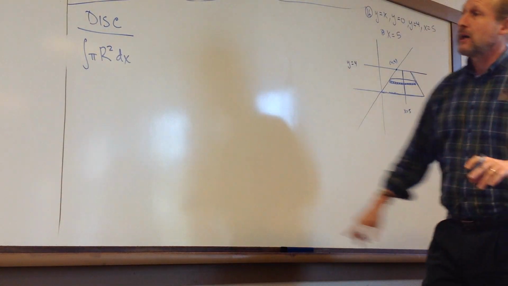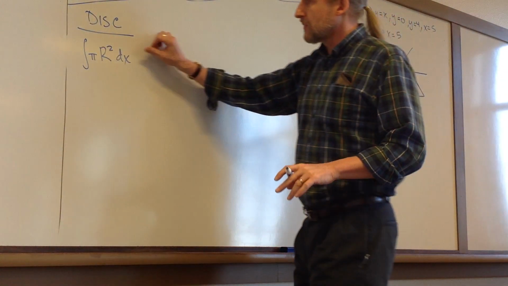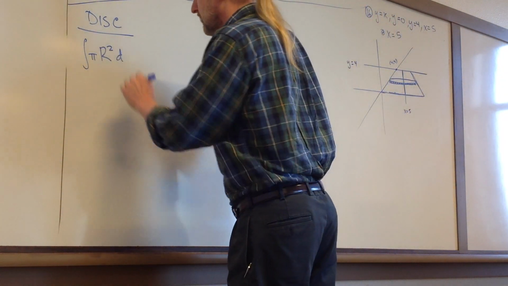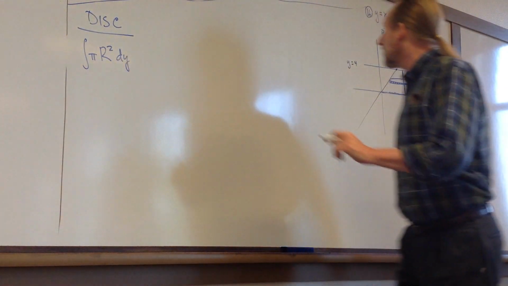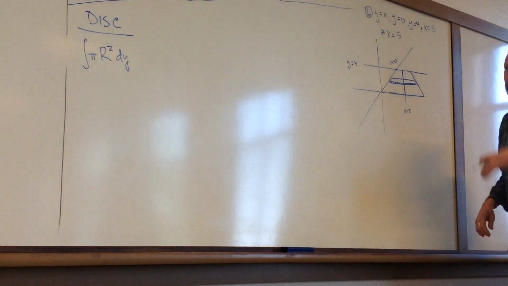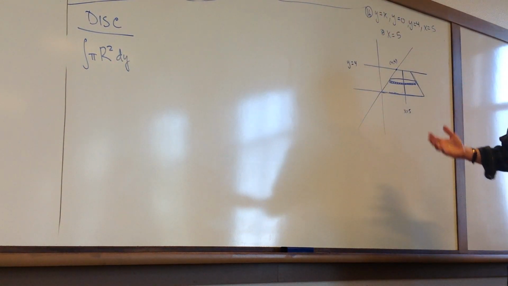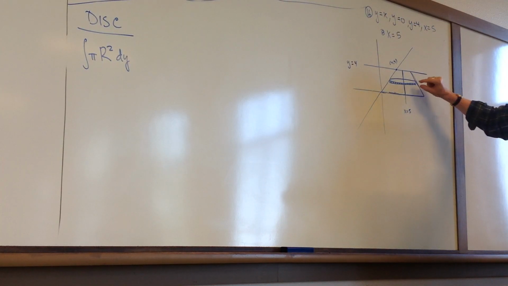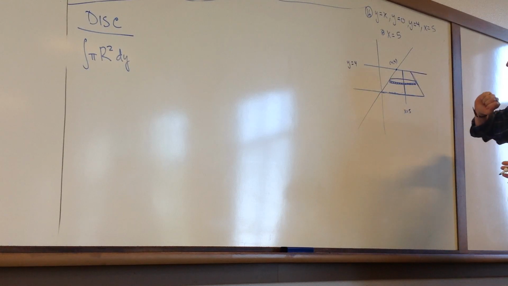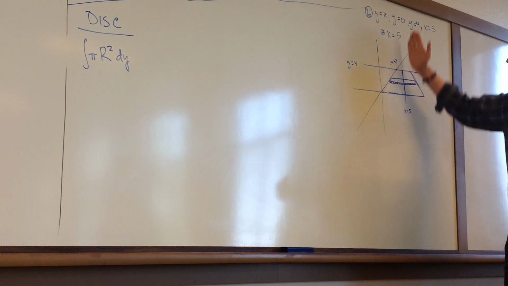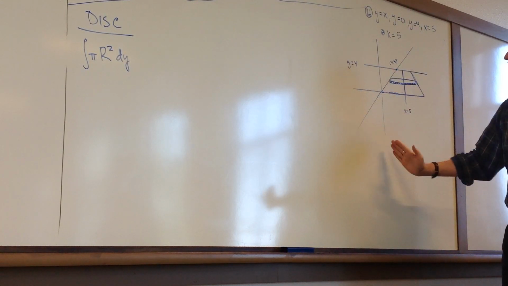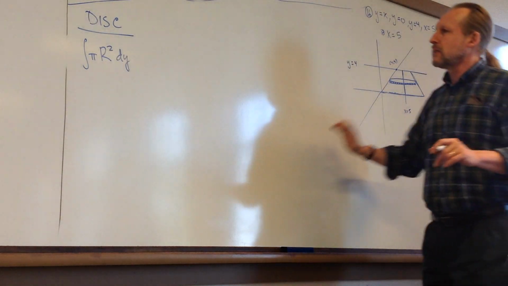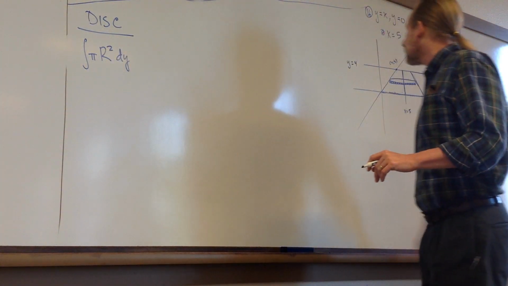Now let's identify our r. The only thing that's going to be different here is that this is a dy. And again, why is this a dy? Why are we going to want functions of y? That thickness is along the y-axis, and notice that our axis of rotation is parallel to the y-axis. So that tells us that this is a dy problem.